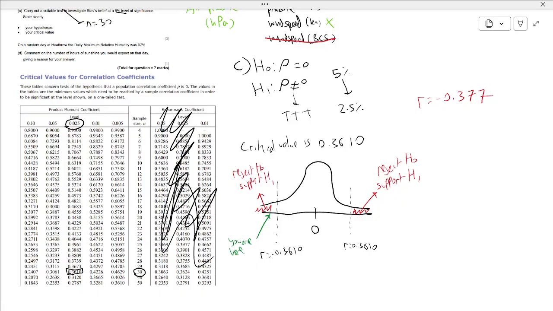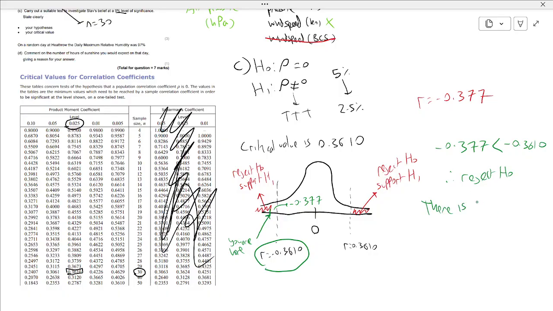This value here is negative 0.377. Because that is a stronger correlation, I know the number is smaller, but it's closer to -1. It's a stronger correlation than the critical value. So I'm going to write -0.377 is less than -0.3610. Because of that, I will reject H0 and then write your concluding statement.